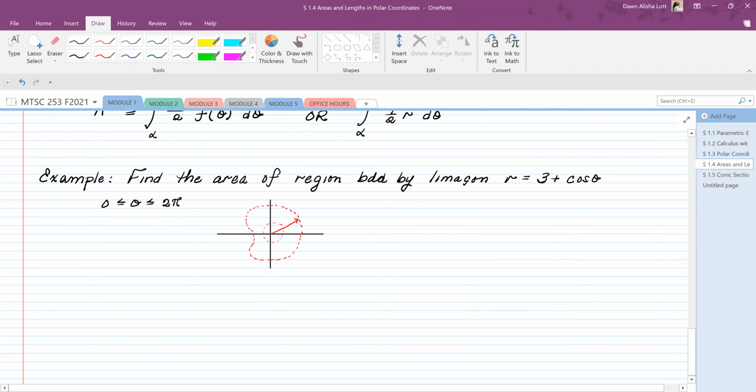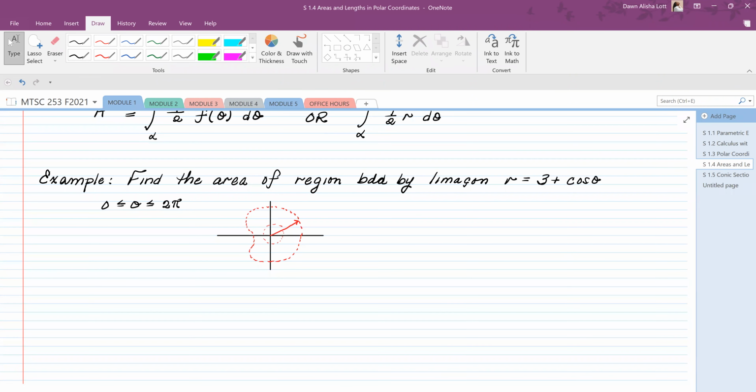All right, so I'm going to stop here. A is the integral. So notice it's symmetric about the x-axis. So if I find the area at the top, I don't have to find the area at the bottom, so I can use symmetry.